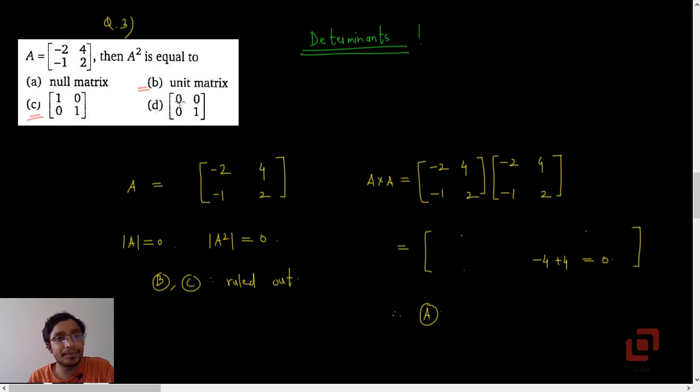Because you cannot have two correct options, and here B is the unit matrix or identity matrix, 1 0 0 1, and so is C, it has to be either A or D. Now the only difference between A and D is this entry here, that is A22.